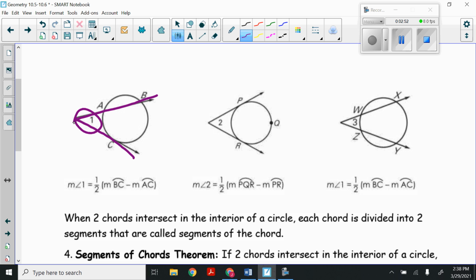This angle is equal to half this arc minus this arc. You could have two tangents. This angle in here is still half that arc minus this arc. Or I could have two secants. Angle 3, that I'm looking for in here, is still half this big arc minus this arc here.